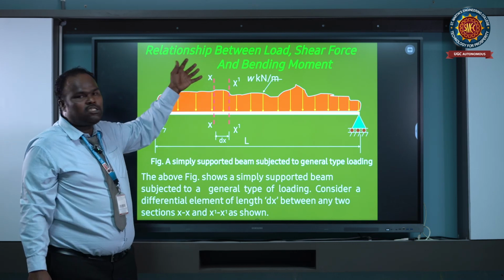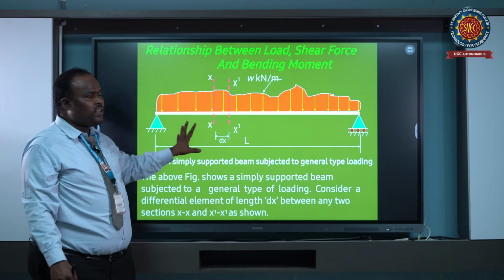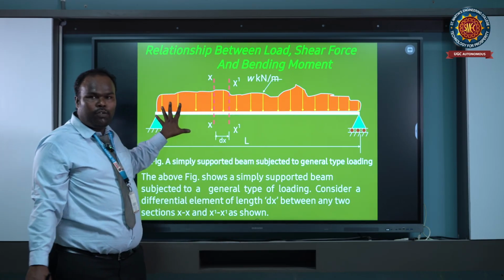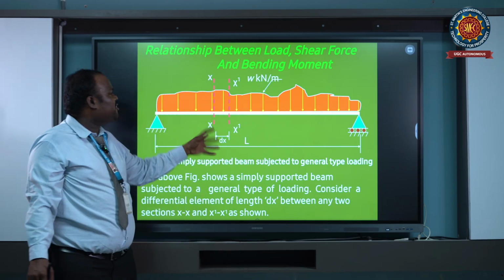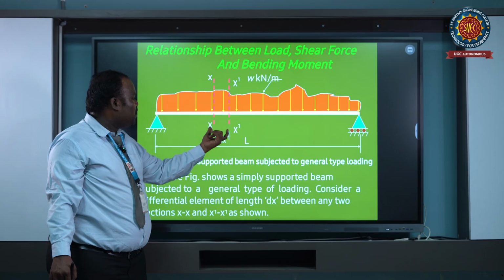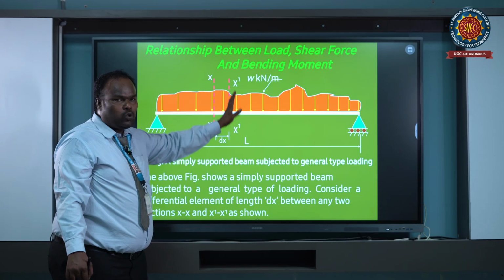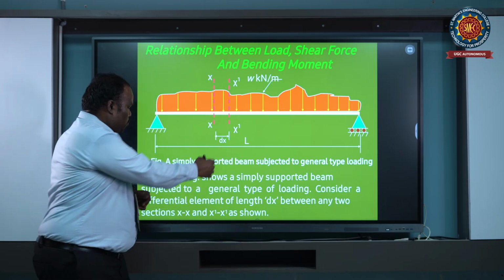And next one, the relationship between shear force, bending moment, and load. So now we consider a simply supported beam acted on by a uniformly distributed load of W kilonewton per meter. We consider a small element on the beam with a distance of dx. Then cutting the two sides of the element, xx and xx dash sections.